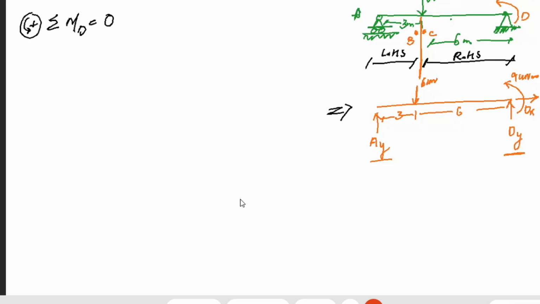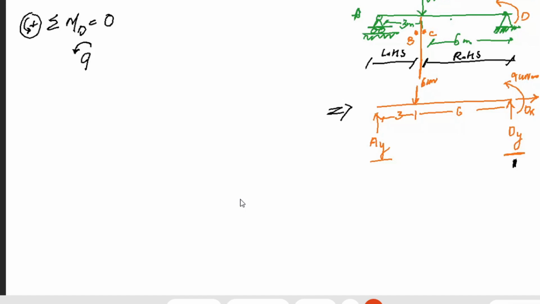Now when I have to calculate it from D, that means it is the point here at point D. I can simply say, what are the loads that I have? I have firstly 9, which is again, what is it? It is anti-clockwise. Okay, it is anti-clockwise. That means it will be positive, simple.